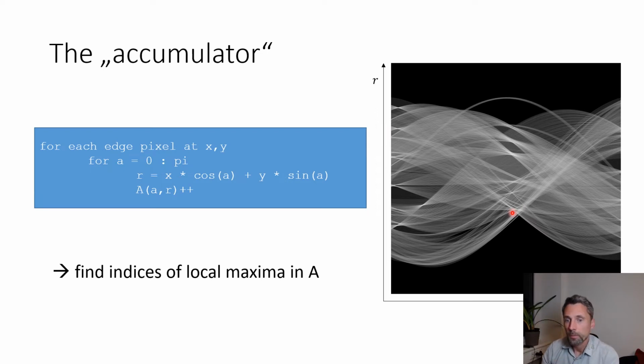Okay? And what we then do is just find the local maxima in A to obtain a set of lines that are highly likely, that are supported by the most edges.